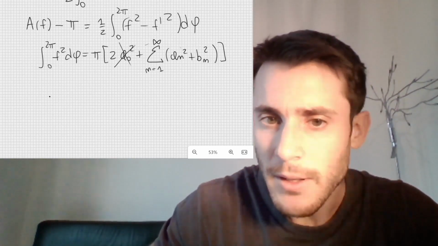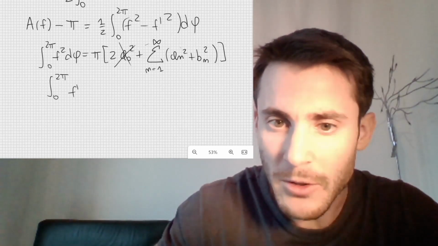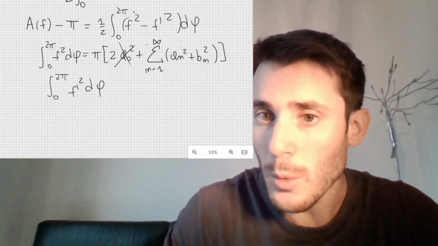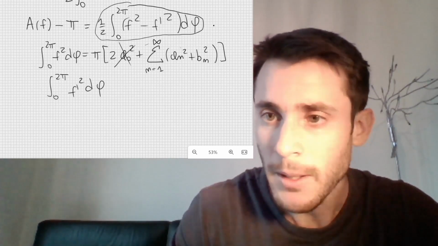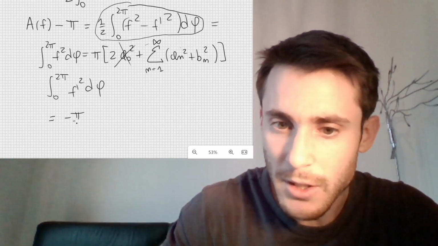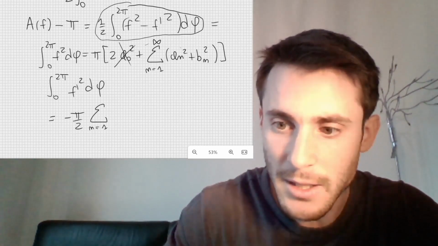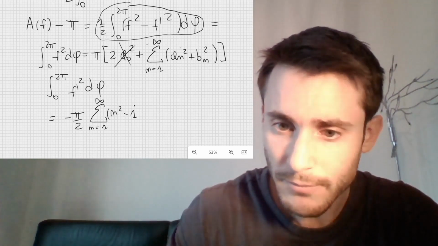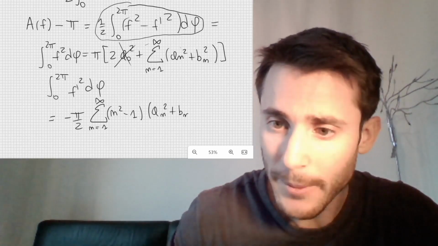We already have the formula for the integral from 0 to 2 pi of f prime squared d phi. I wrote it earlier, and therefore we can find a way to express this integral here. So this can be written as minus pi over 2 summation over n from 1 to infinity of n squared minus 1, and then I have an squared plus bn squared.